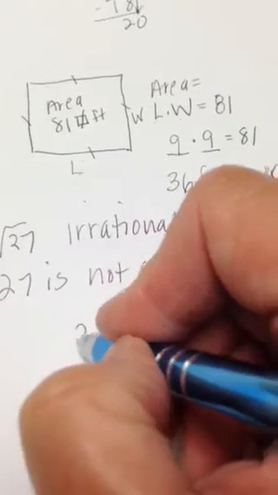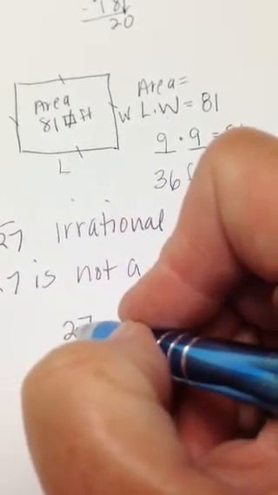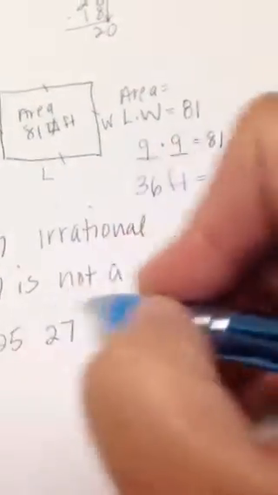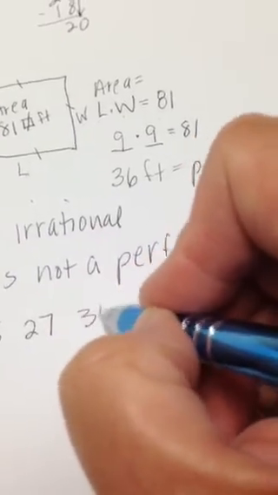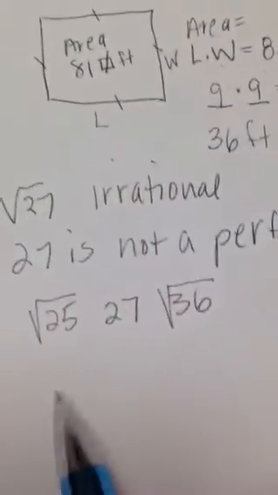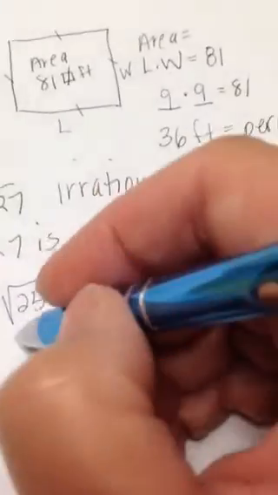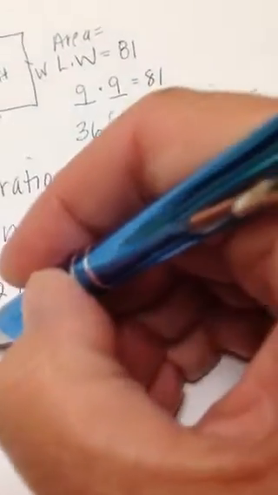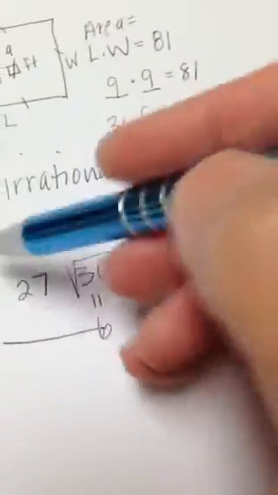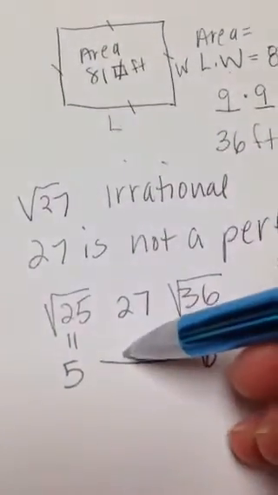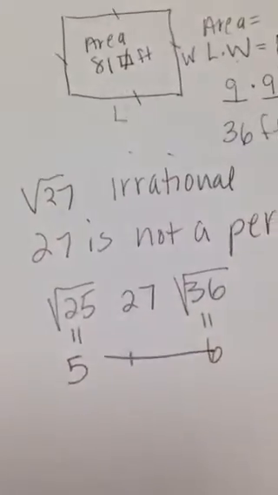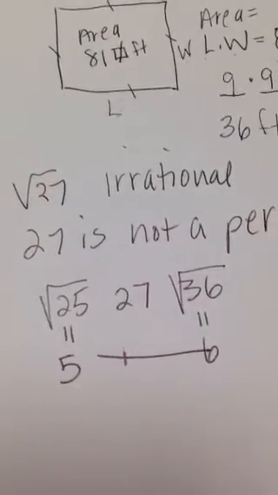In fact, I know it's going to be between, let's see, these are the two square numbers just above and below it, so it's going to be between 5 and 6 on a number line, and it's going to be closer to 5, so maybe over here, maybe something like 5.3 or 5.2.